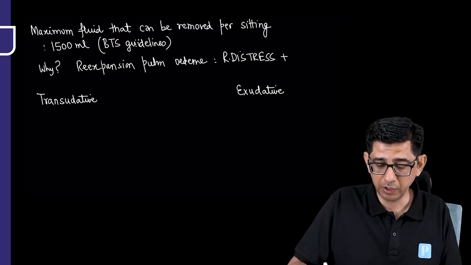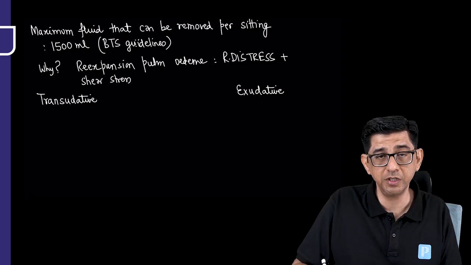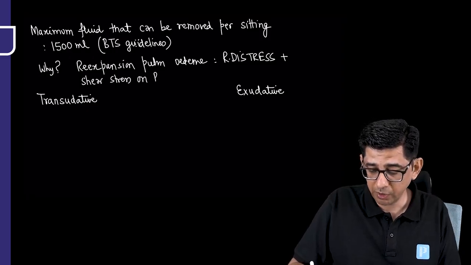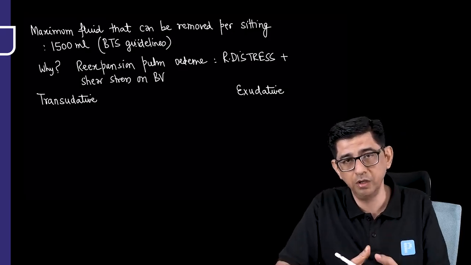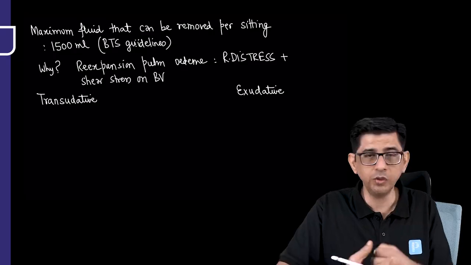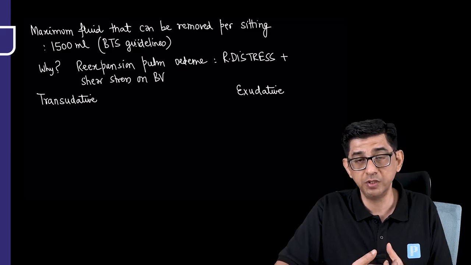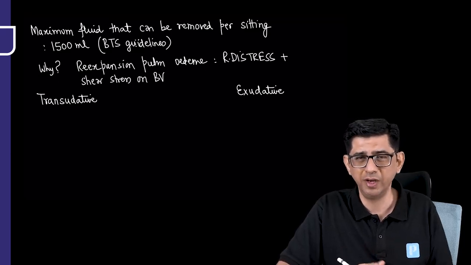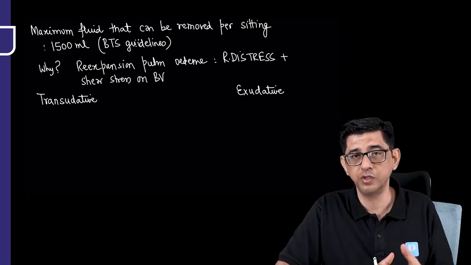The reason for this re-expansion pulmonary edema is mainly shear stress, the mechanical stress on the blood vessels due to pleural effusion. Because the fluid is pressing on the lung from outside, it is also compressing the lung vasculature. And he says that if this compression is present for more than 3 days, which is what has usually been determined in clinical studies, then there is mechanical stress on the blood vessels.